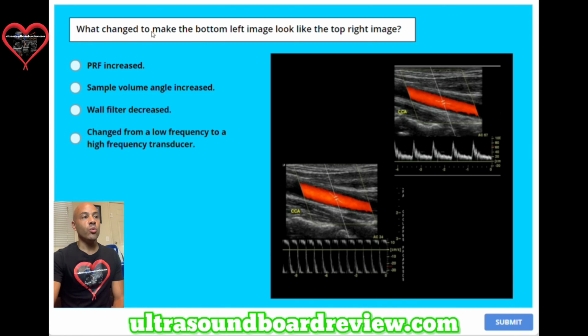Question 32. What changed to make the bottom left image look like the top right image? A, PRF increased. B, sample volume angle increased. C, wall filter decreased. Or D, changed from a low frequency to a high frequency transducer.